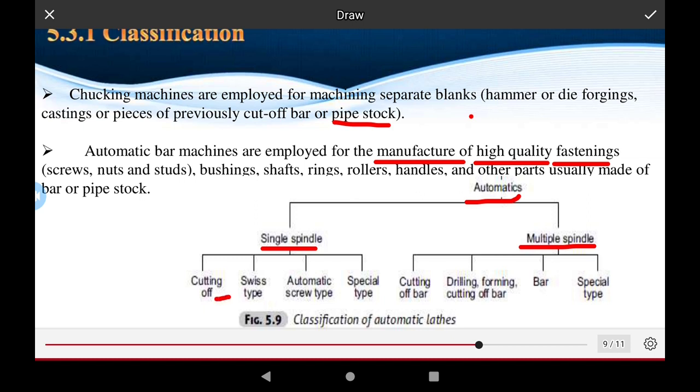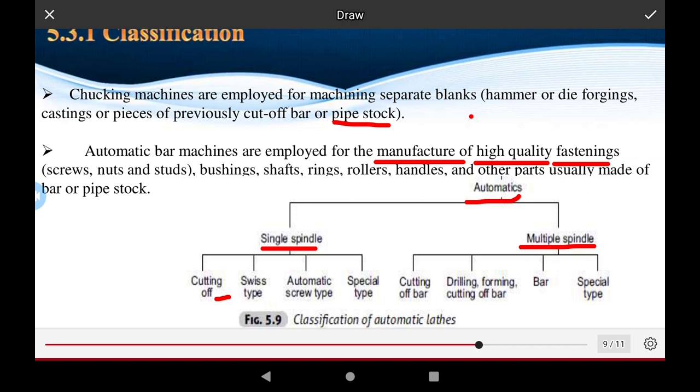This is the cutting off. And second is the Swiss type machine. The Swiss type machine is used for only one head of the machine, and the machine performs work only according to that head.